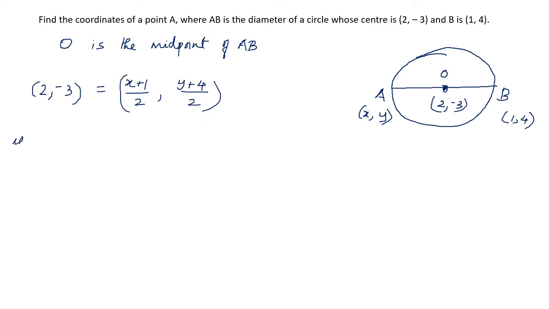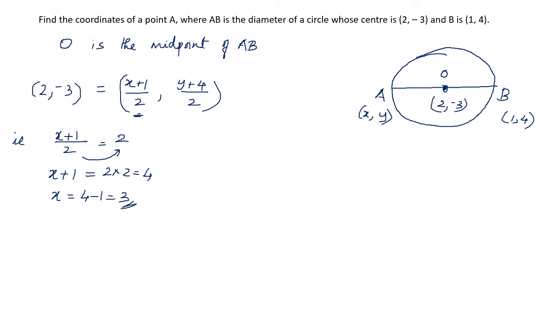That is x plus 1 by 2 is equal to what? This is the x term. So x plus 1 by 2 is equal to 2. Then what is x there? x plus 1 is equal to 2 into 2, the 2 will go to the other side. So it will become 4. x is equal to 4 minus 1, that is equal to 3. So you get x equal to 3.